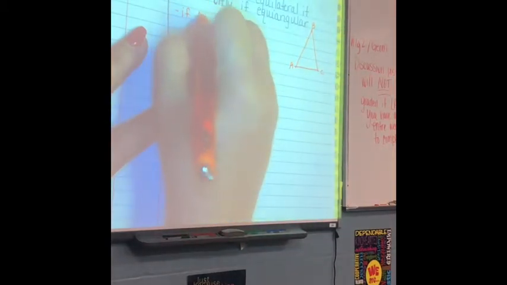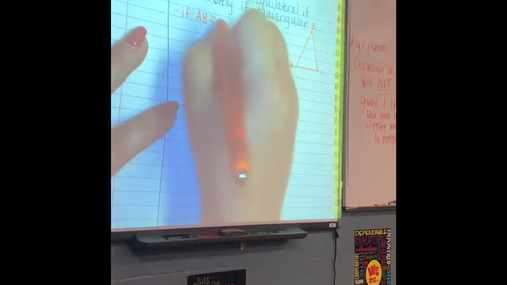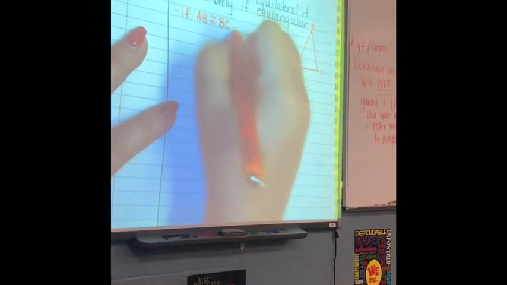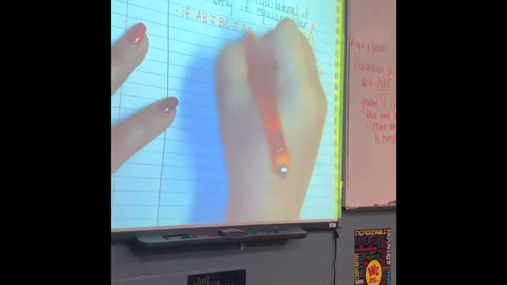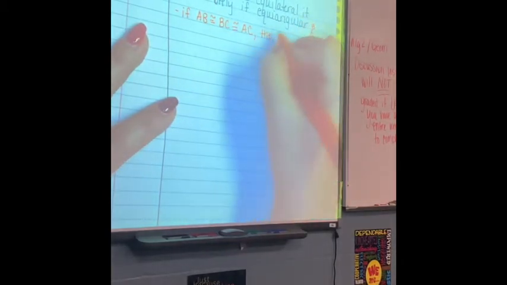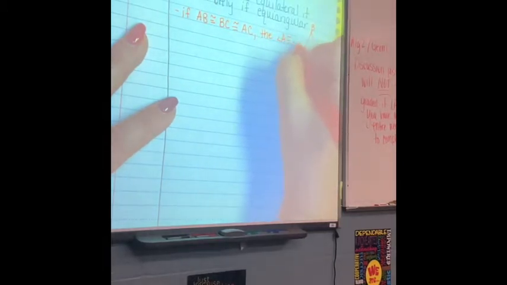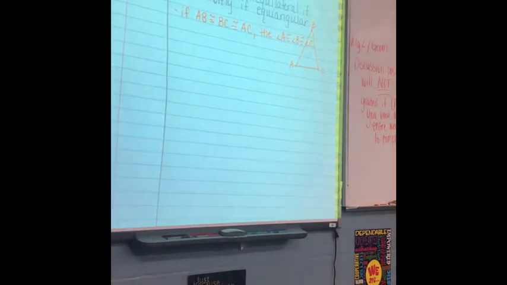If AB is congruent to BC is congruent to AC, then angle A is congruent to angle B is congruent to angle C. I ran into my thing a little bit there.